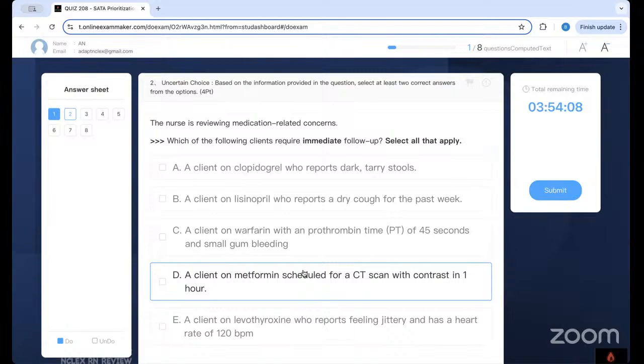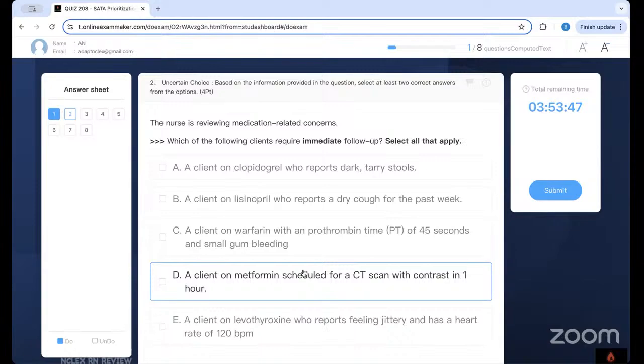What do you think? A client on clopidogrel will report dark tarry stool. A client on lisinopril will report a dry cough for the past week. A client on warfarin with a PT of 45 seconds and small gum bleeding.